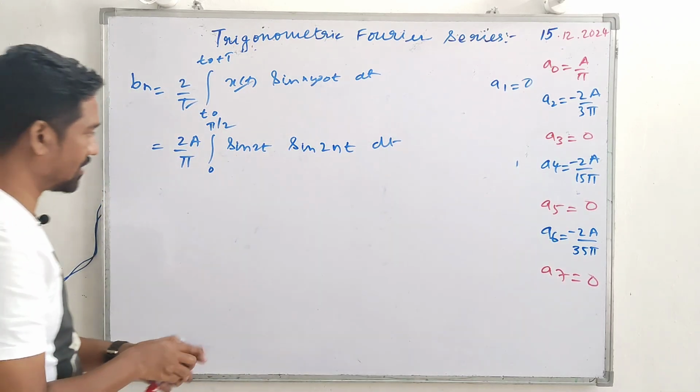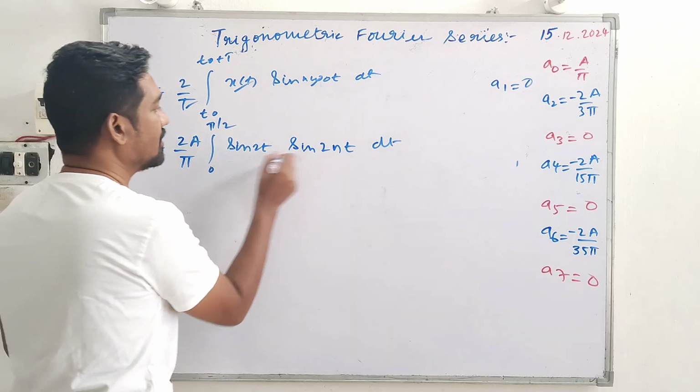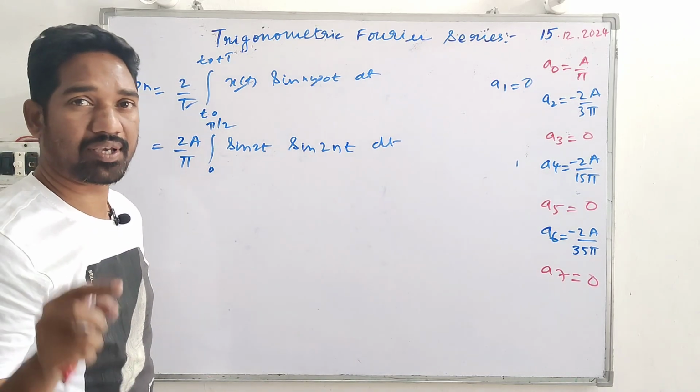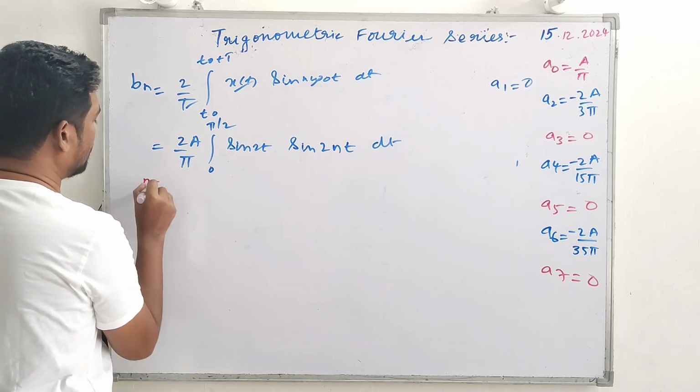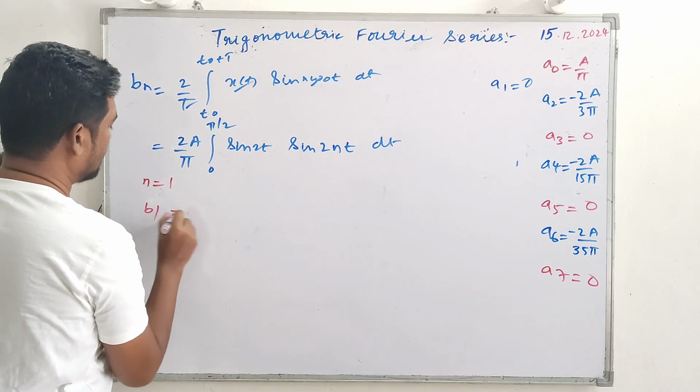Alright, so once again we come across an identity, 2 sine a sine b, that is cos a minus b minus cos a plus b. But still, wait, hold on, n equal to 1 gives us b1.